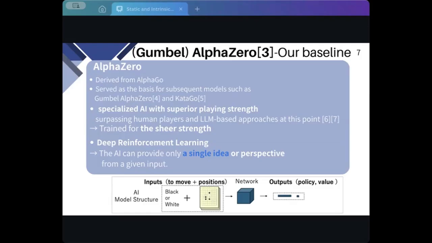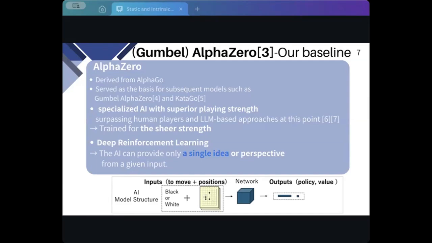The input to the network consists of the board positions and the player to move. The outputs are the policy and the value. The policy is a matrix that represents the probability of placing a stone at each location. The value is the expected game outcome, indicating which player is more likely to win.